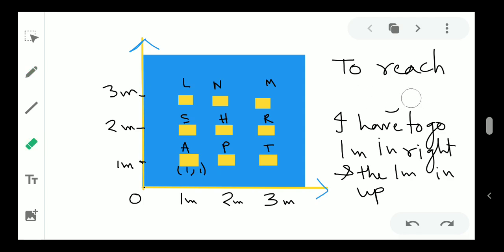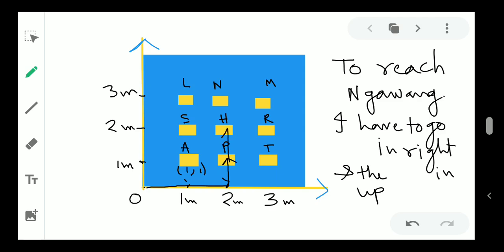Now let's say I have to reach somebody else. Let's say I have to go to Nawang. Now you can see that to reach Nawang, I have to go 1, then 2 meter in right side, and then 1, 2, and 3 meter upside.